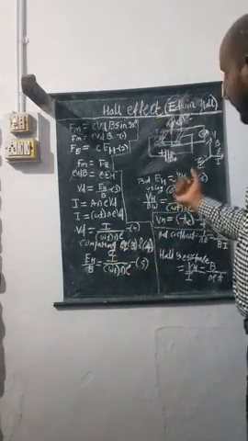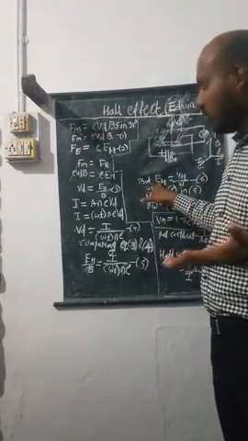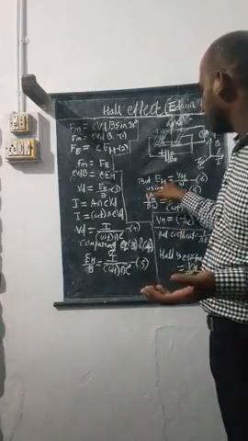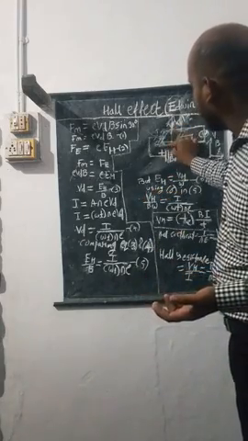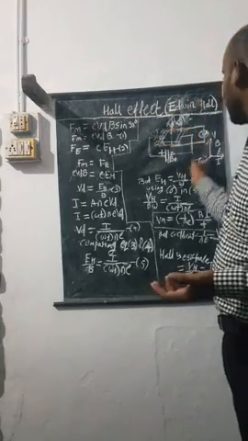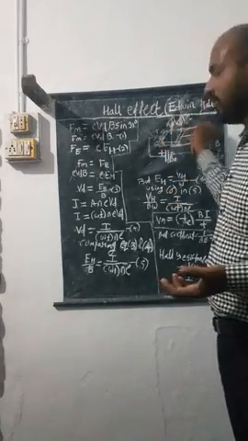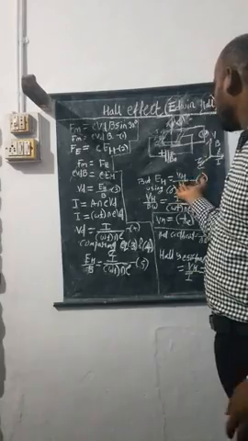Now you have to know about EH. The Hall electric field is equal to voltage divided by length. So the electric field developed here, the potential difference, is the Hall voltage VH divided by the length, that is omega. So EH equals VH divided by omega.